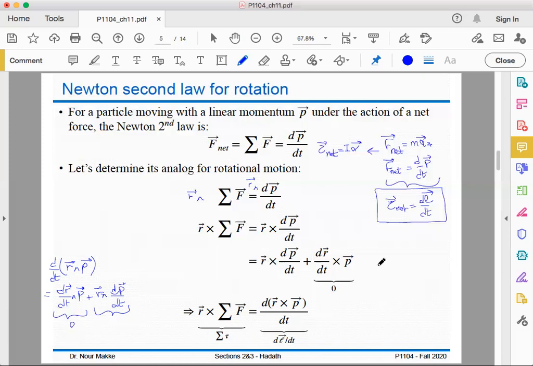ليه صفر؟ للي ما عرف what is dr dt? dr dt هي ال v, صح؟ هي ال velocity. By definition the velocity vector is the derivative with respect to time of the position vector. And then ال p هي شو, هي عباره عن m v. طيب that gives you m v cross v.